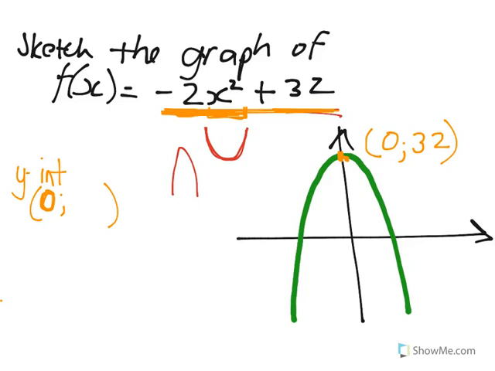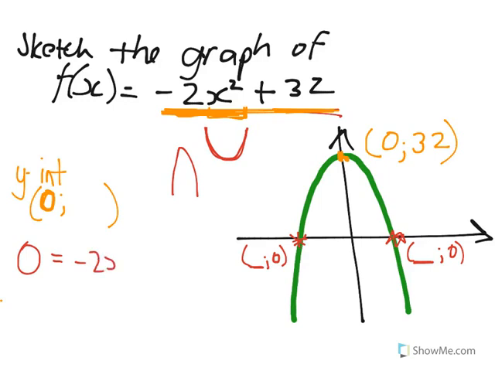And then the next thing we're interested in is those guys, the x-intercepts. And what we know about them straight away is that their y-coordinates are 0. So what we're asking ourselves is, what inputs are going to give me an output of 0? So I want my output to be 0.